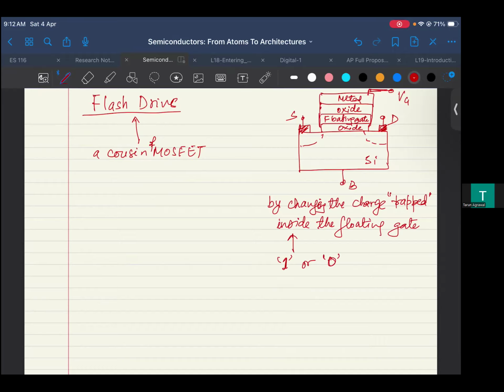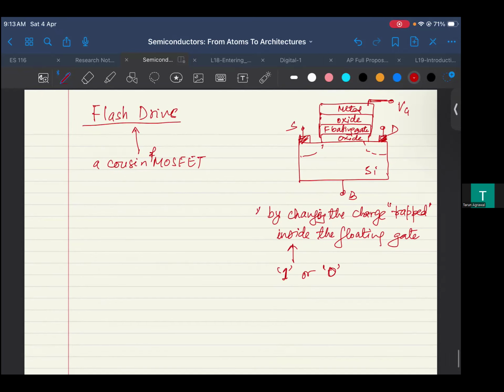If you have a certain amount of charge, you say yes, it is 1; if there is no charge or less charge, you can say it is 0, or either way. So basically, controlling or sensing the charge is what you can talk about. Now the question is, how does one observe this charge there? It's not like you can go there and measure the charge in the floating gate.